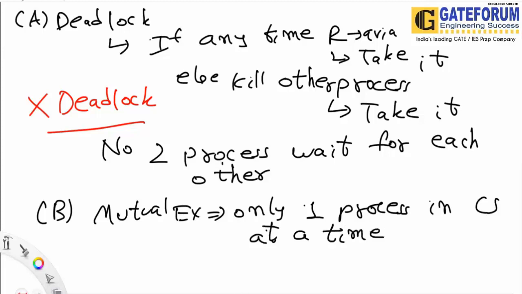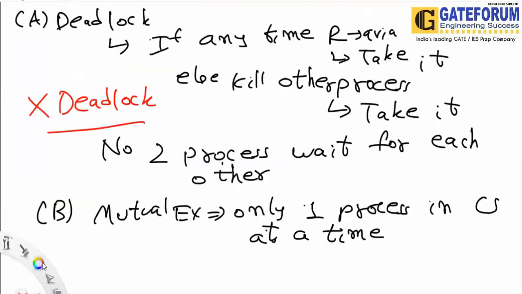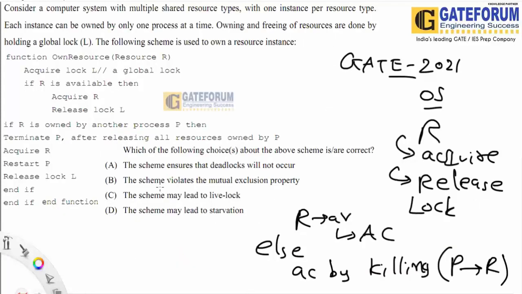Because of the lock that is acquired here, this is guaranteed. It is present due to the lock we have applied, so mutual exclusion is present. So the second option is incorrect when it says the scheme violates the mutual exclusion property.